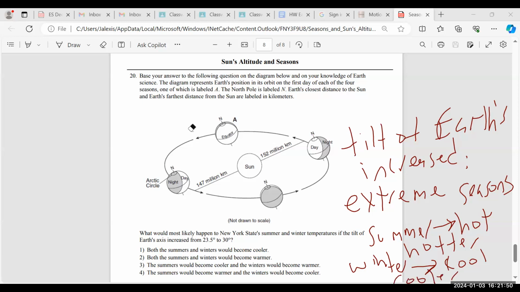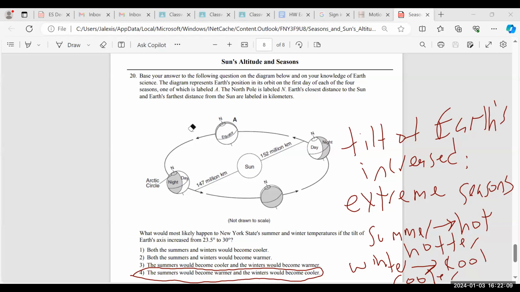And the one that shows that is choice 4. If the Earth's tilt were to increase, your seasons would be more extreme, right? So summers would be warmer and winters would be cooler.